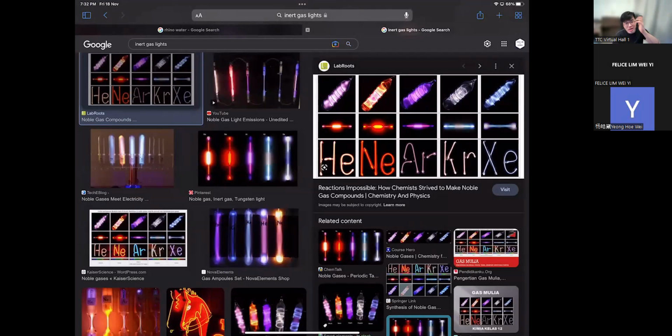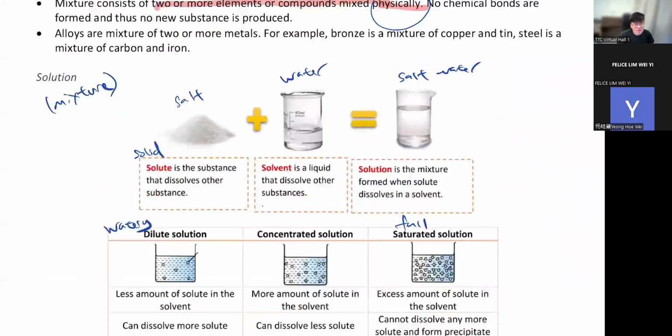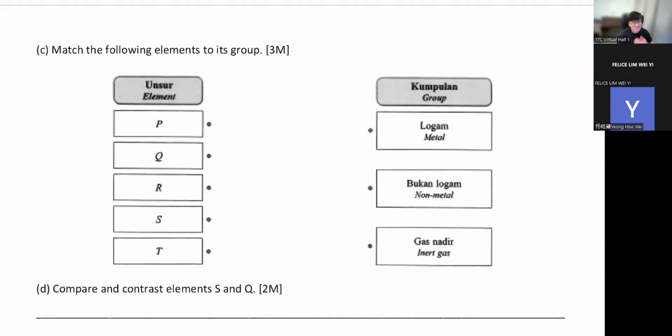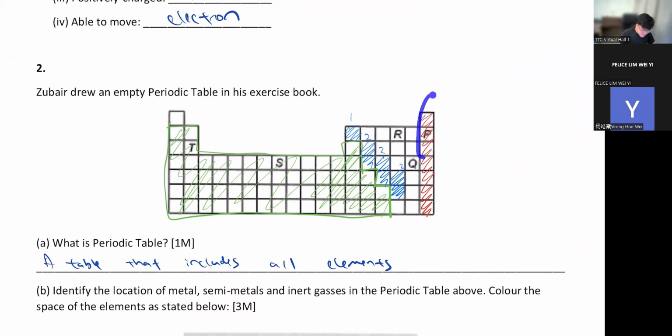I'm sure your house, your lamp is all LED. Do you have gaming PC? 你没有打 game 的嘛? If your PC has RGB, the LED, everything is LED. Because LED is much cheaper now, so we just use LED. This is like dinosaur technology, very old already. So this is your inert gas. So inert gas is here. You will be learning this in year 10 in your chemistry. So next year you're learning it also.